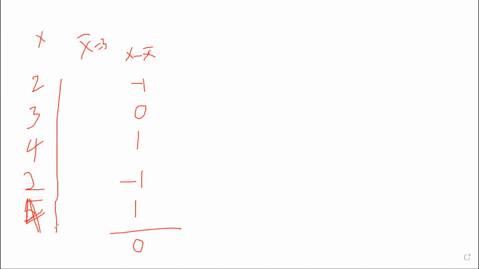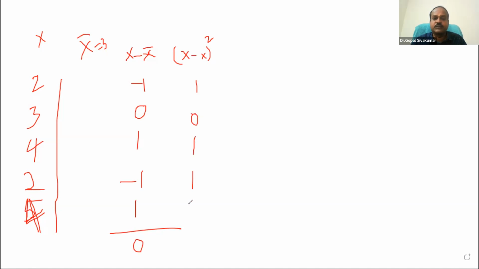No. So there is variation, but when I total it, my statistics is not helping me here. So in order to make it meaningful, I'm squaring it. Now minus 1 will become plus 1. 0 will become 0. 1 will be plus 1.